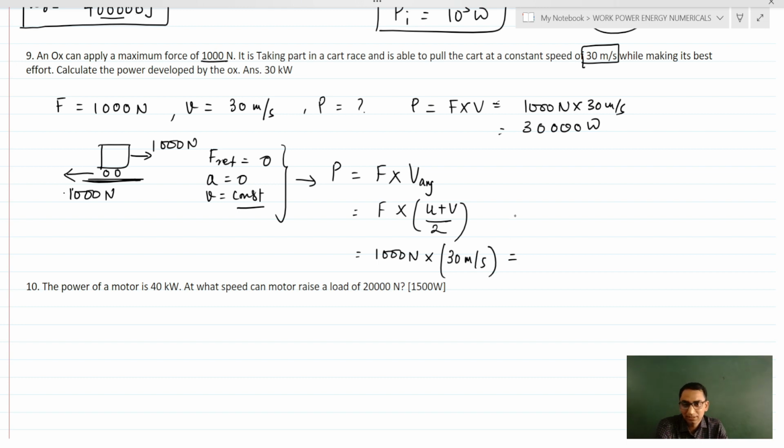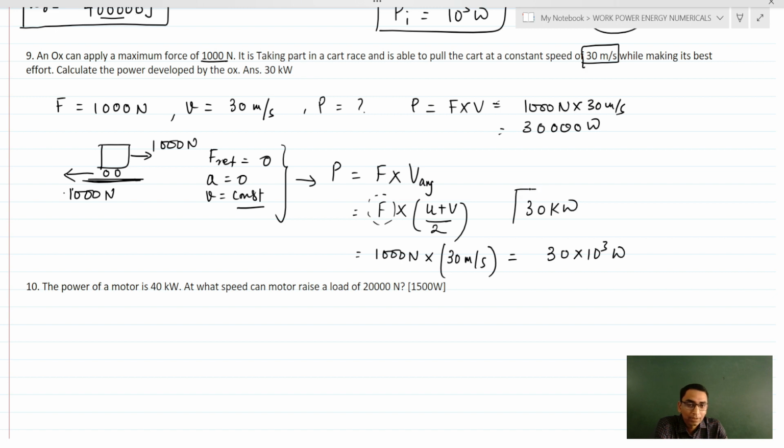I still feel that this is an incorrect numerical. It is because when you apply the force, the net force itself becomes 0, so there is no use of calculating, but still the answer turns out to be 30 into 10 raised to 3. Simply, Newton meter per second is watt, so this is 30 kilowatt.